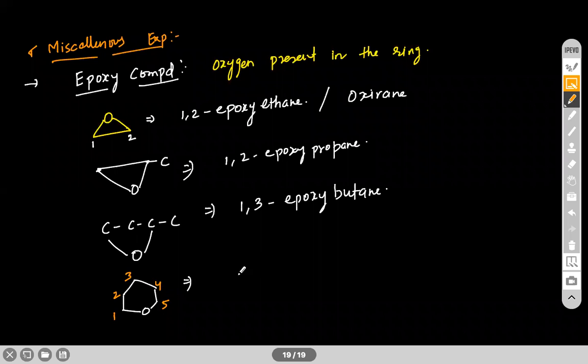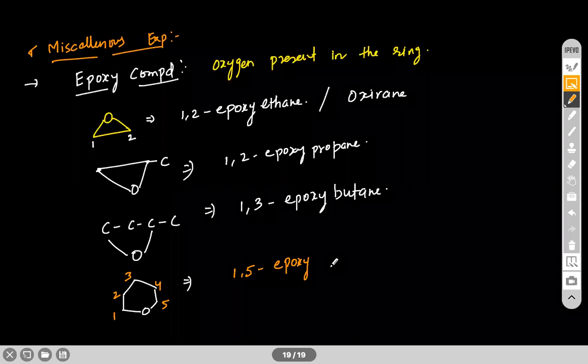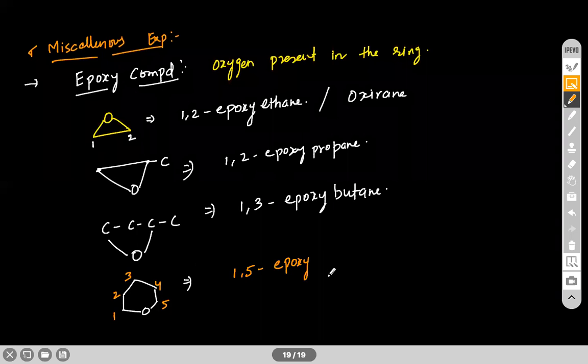In this way, if you write, it is 1,5 epoxy. What should we write? Tell me. Pentane or hexane? It's not hexane.